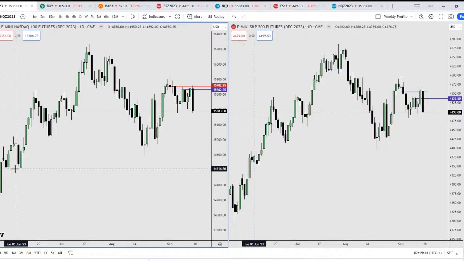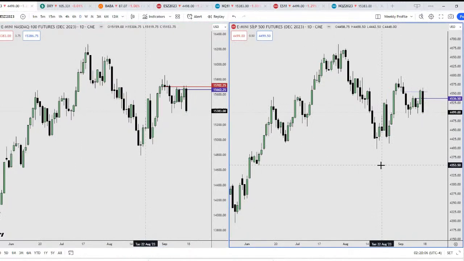For Nasdaq, for ES similarly, these equal lows down here are definitely going to be attacked, I think. So I would like to see it create an inefficiency here as well, and then start to trade lower. That is what I'm expecting for equities.